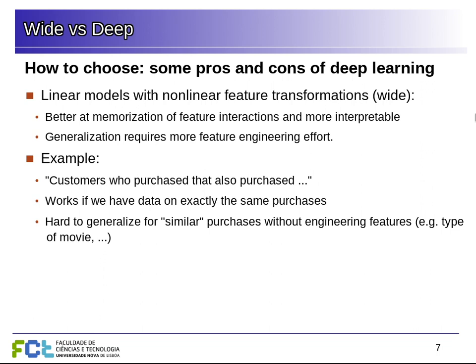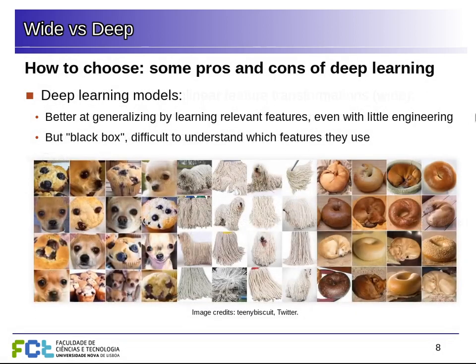So that kind of generalization you cannot find with simple shallow models. Deep learning models are much better at generalizing, at grouping things that are similar and finding those similarities, but they are much harder to understand and to figure out what they're doing.